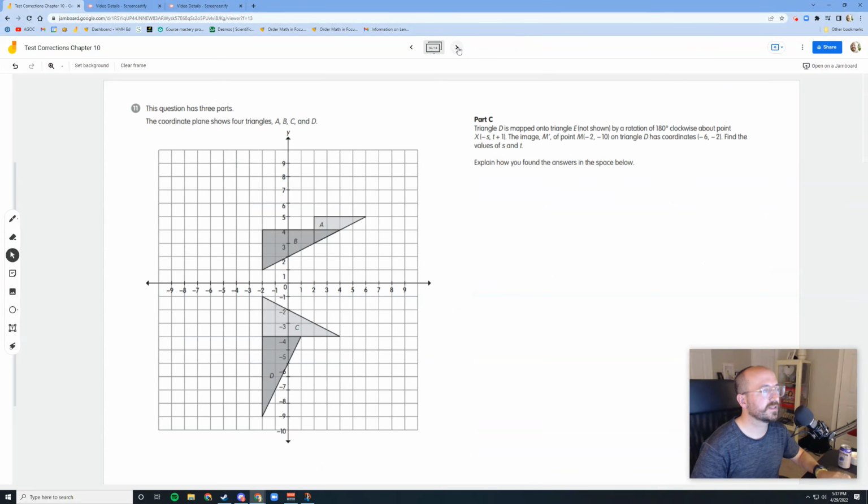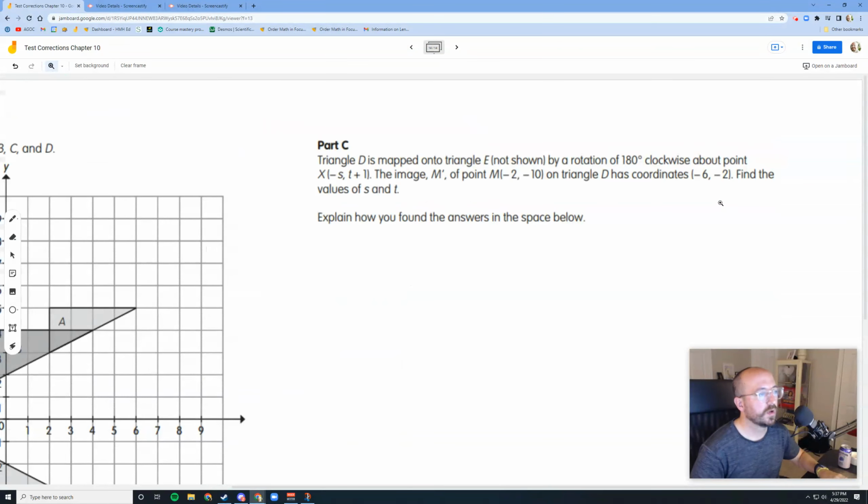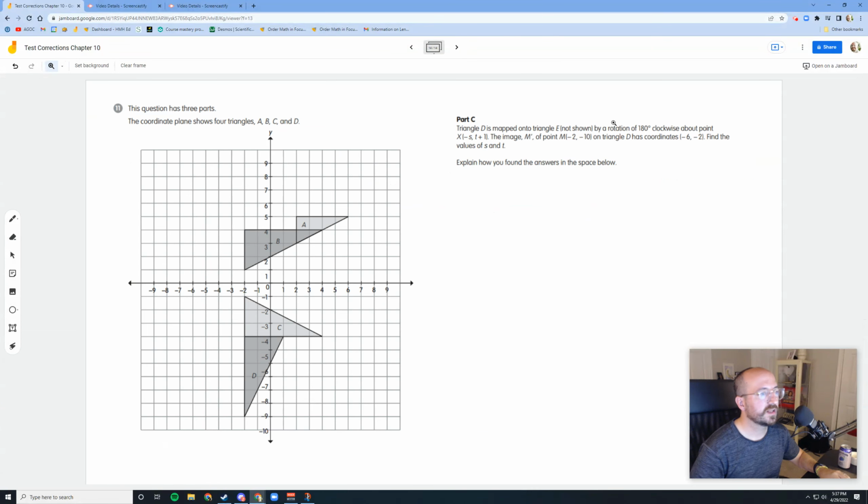Okay. And lastly, let's look at part C. Triangle D is mapped onto triangle E by a rotation of 180 degrees about some point X, and instead of saying X, Y, it's saying -S, T plus 1. The image M prime of point M, which is here, -2, -10.